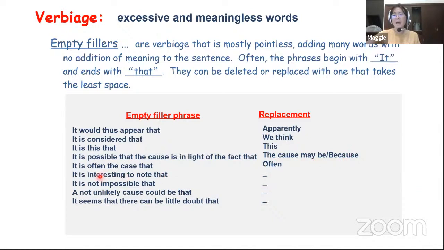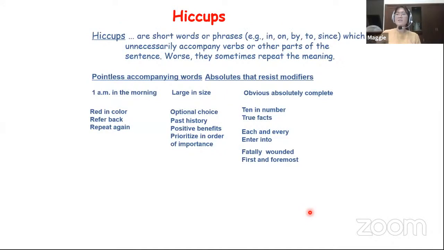And it is often the case that, just use often. And the rest of the four phrases, just delete, you don't need them. It is interesting to know that, just state the fact, don't mention interesting things or impossible or unlikely. Those are just empty fillers. The next error would be the hiccups.